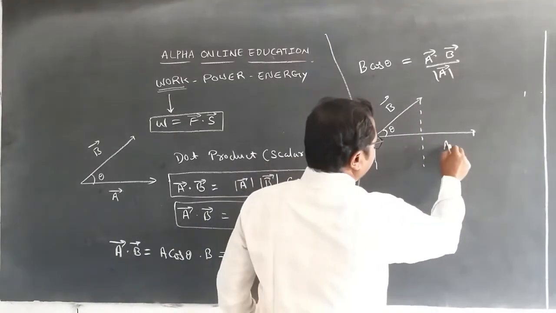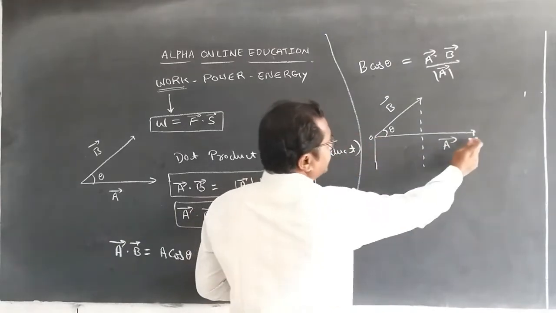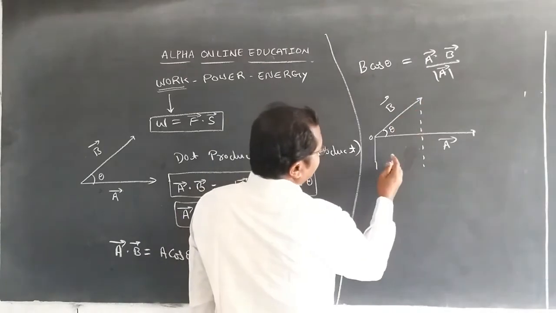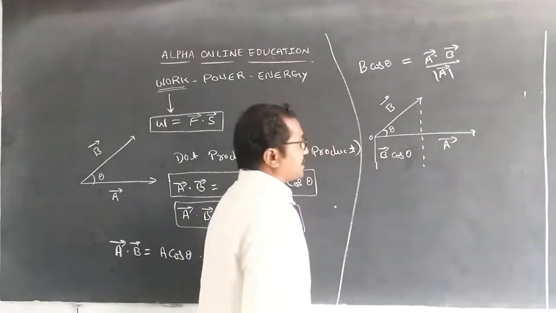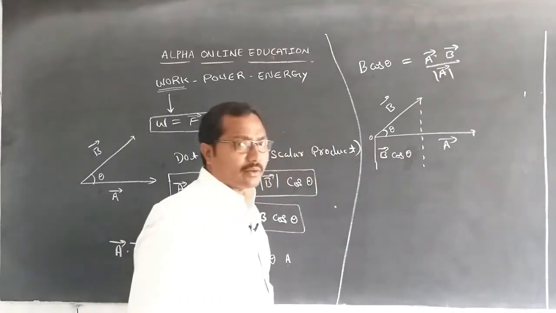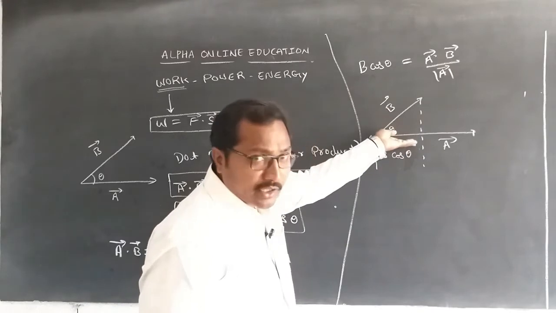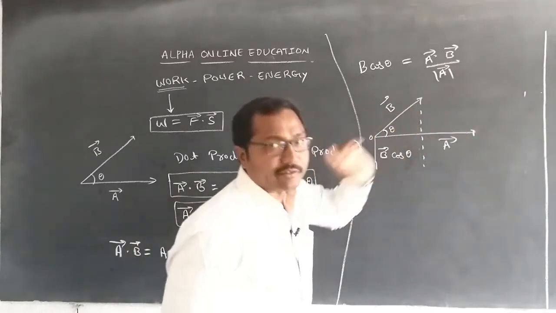This is the vector A from the origin point up to this point. Now what is the value of this? This is the value of B cos theta. It means it is the projection of B on A.